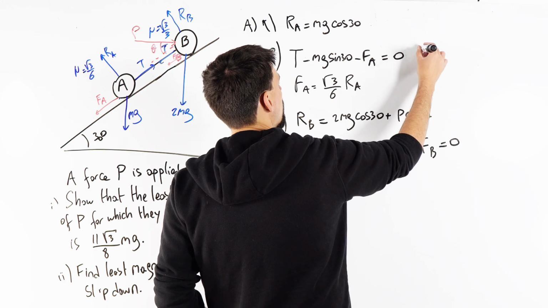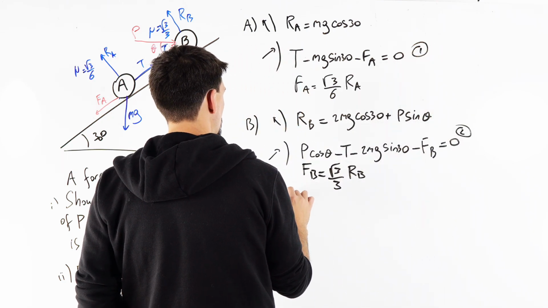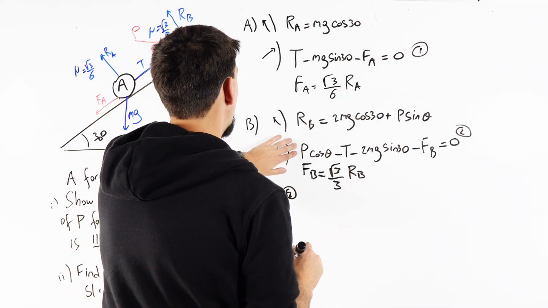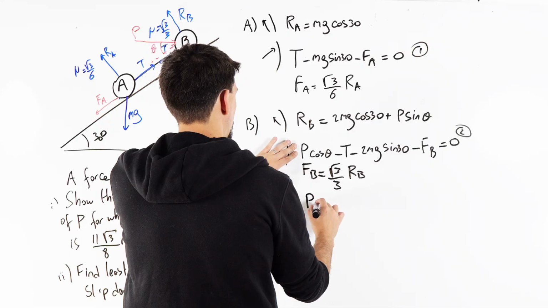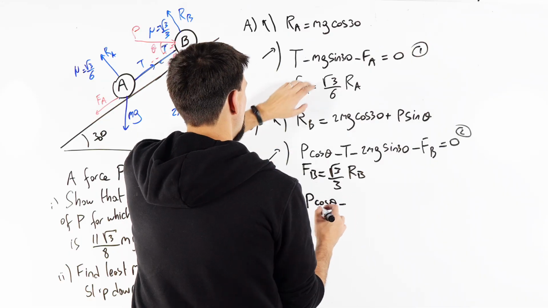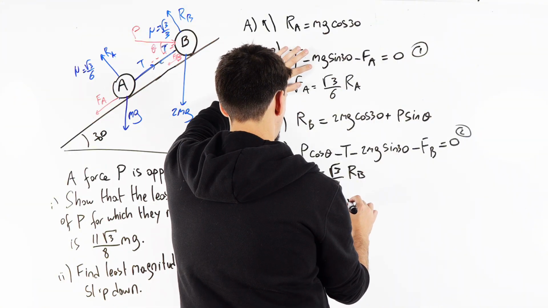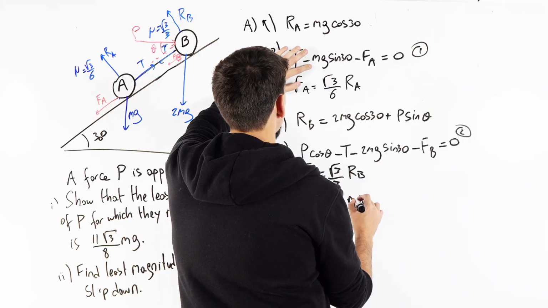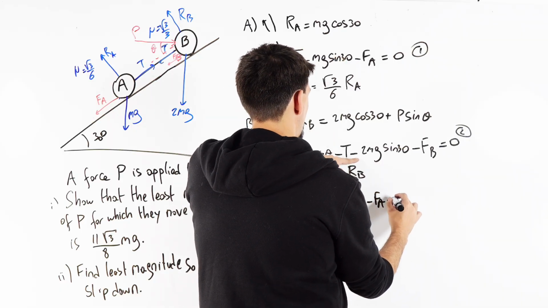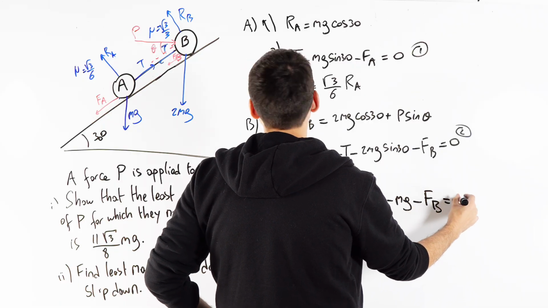Fundamentally, if I call that equation 1 and equation 2, the old classic is to do 1 plus 2. Right? So it tells me that P cos theta minus, now sine 30 is of course a half, minus FA minus mg minus FB.